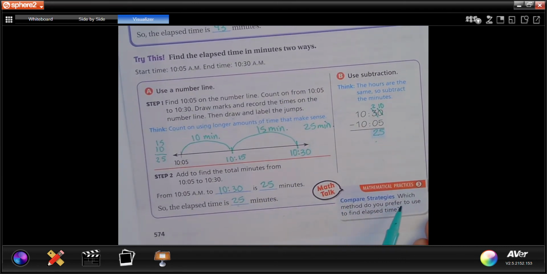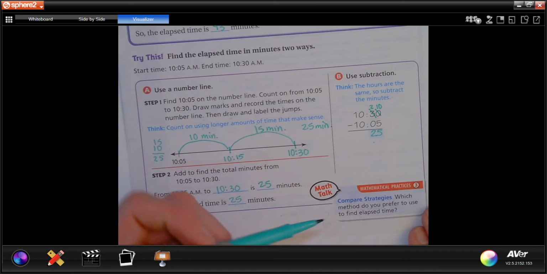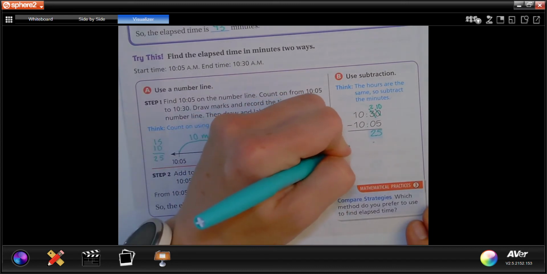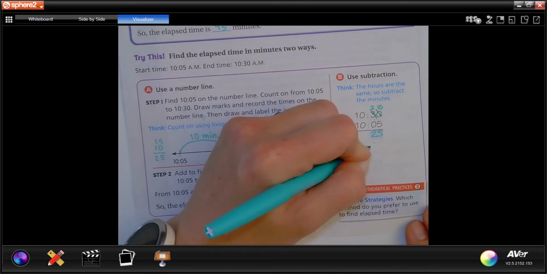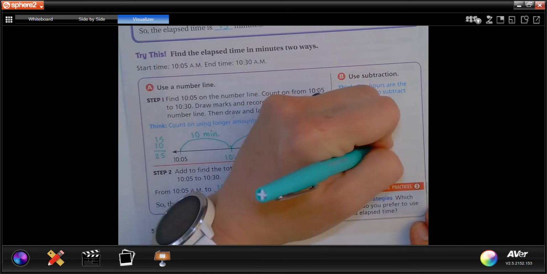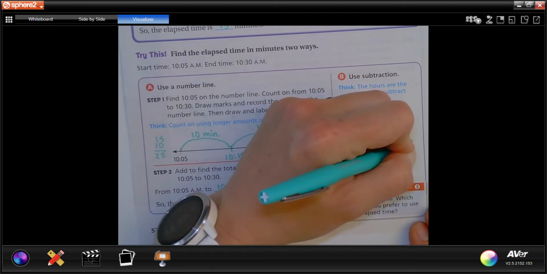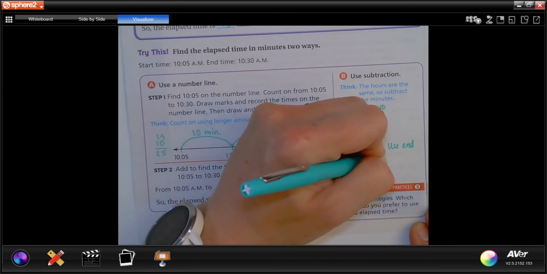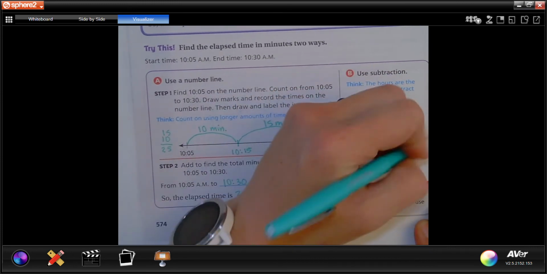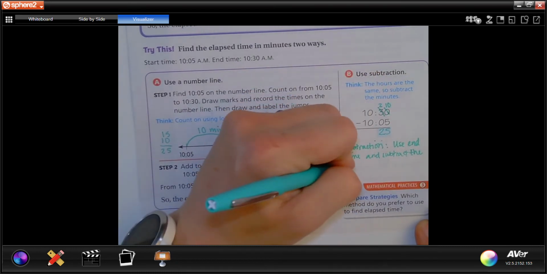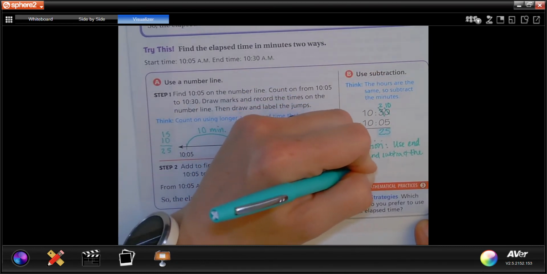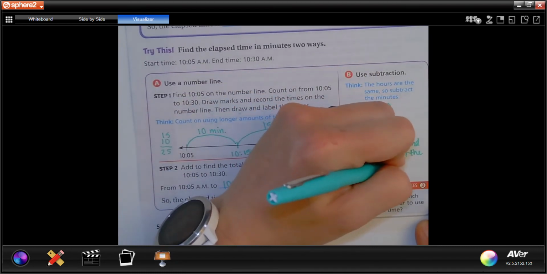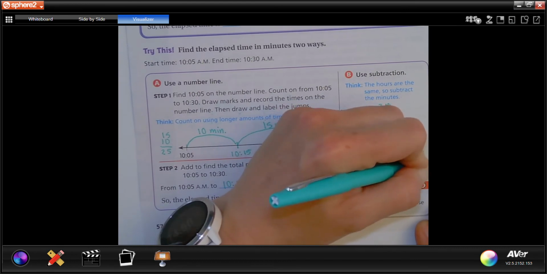All right, so compare strategies. Which method do you prefer to use to find elapsed time? Well, if you use subtraction, you use the end time and subtract the start time to find the elapsed time.